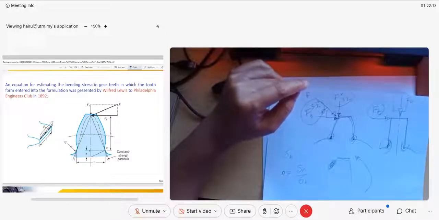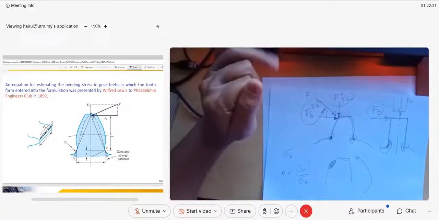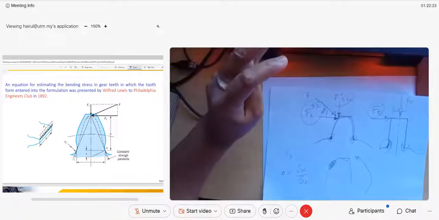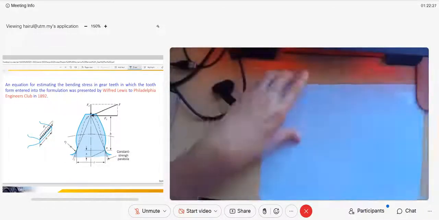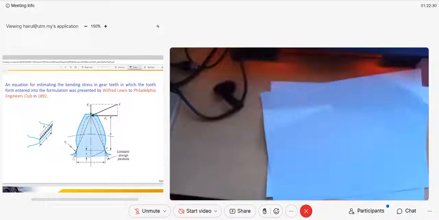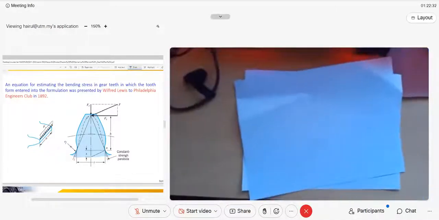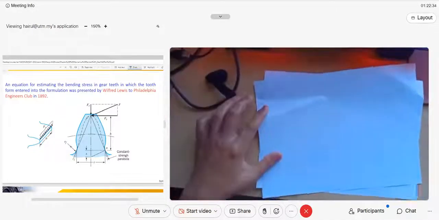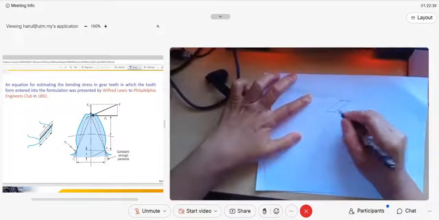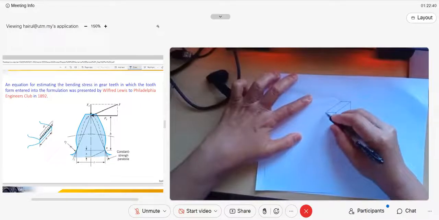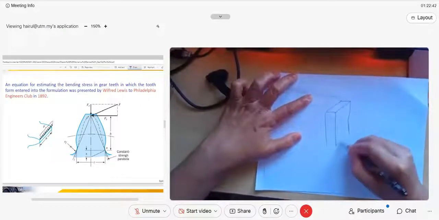If we assume this gear tooth is like a cantilever beam, roughly like this one, in my live video.